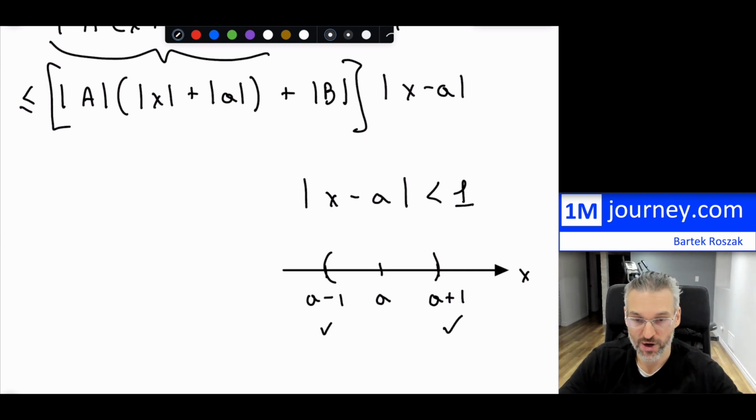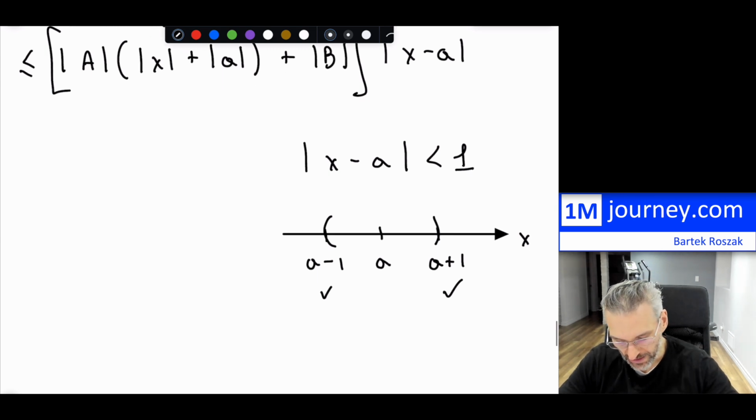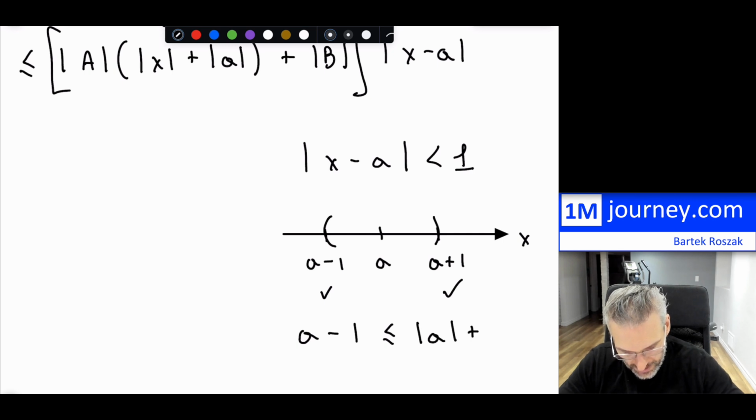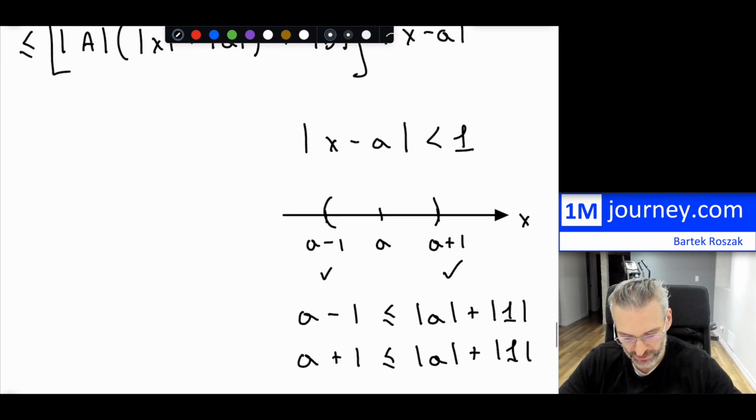But what we do know, 100%, is that if you take, for instance, a minus 1, this definitely is less than or equal to a plus 1, right? And the same thing is true for a plus 1. So both of these hold true. So that's what we're going to pick.